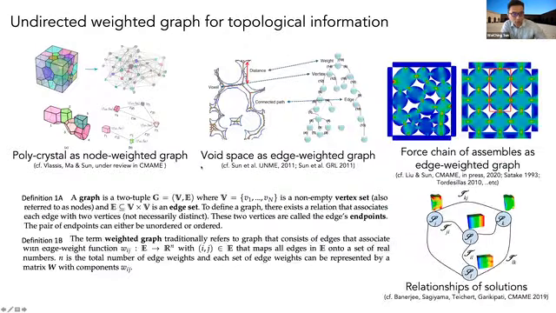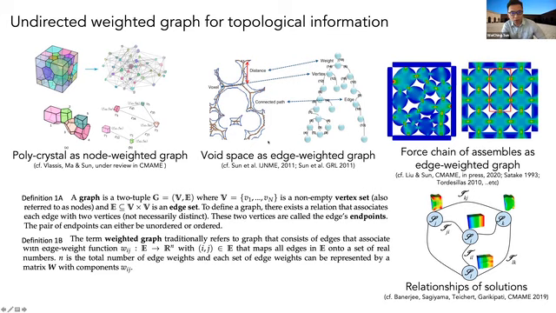In this talk, I will talk about two types of graph that have applications in mechanics. We will talk about the weighted graph. A weighted graph, by definition, is a graph that contains nodes and edges, but either the nodes or the edges can have some weight on them, and that weight can be anything about the attributes of the structure.